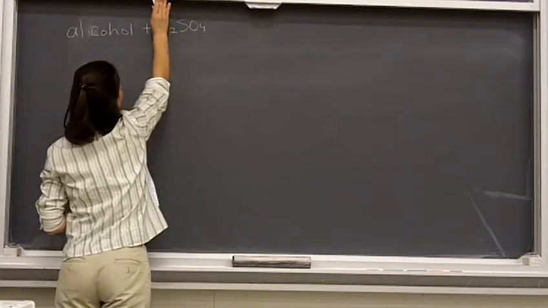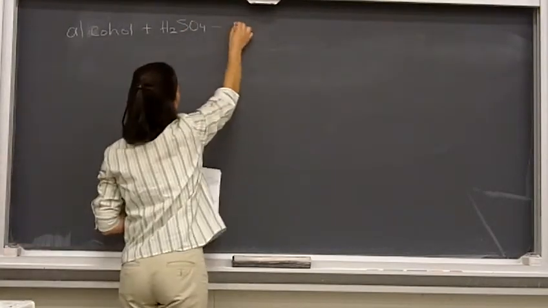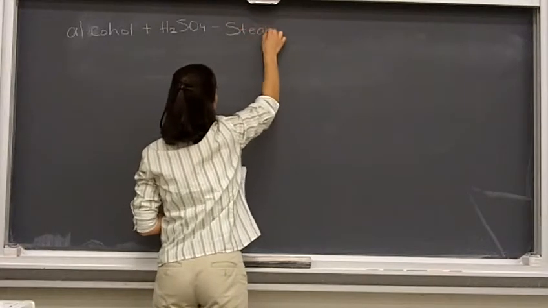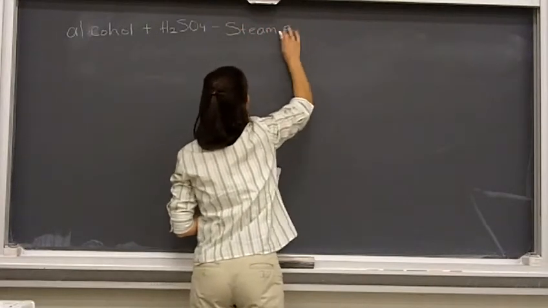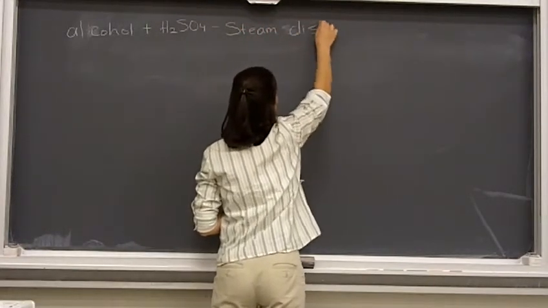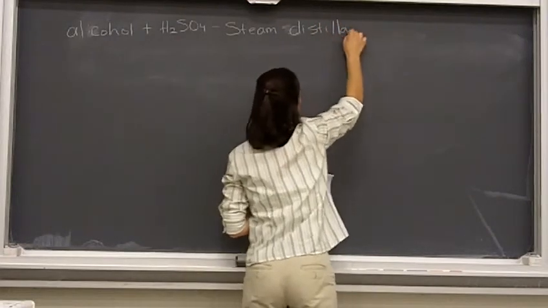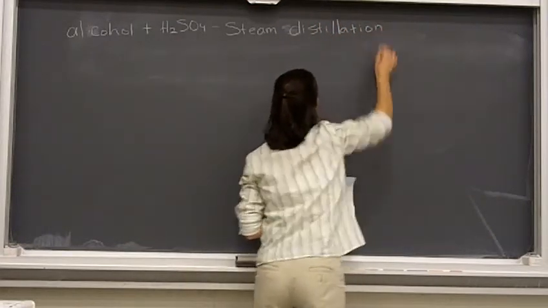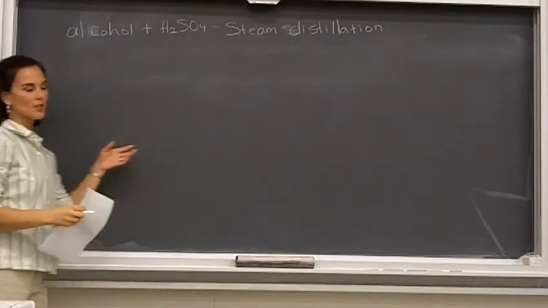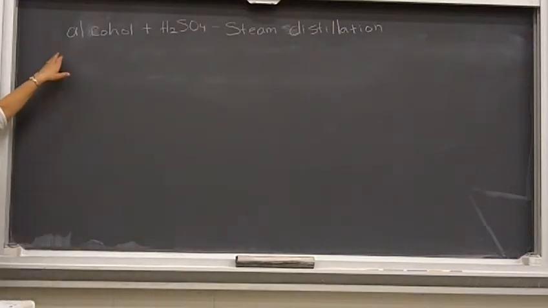Okay? What we're going to use is what's called a steam distillation, okay? So you're going to get this whole mixture heated in a simple distillation apparatus, and you're going to get it distilling, okay?